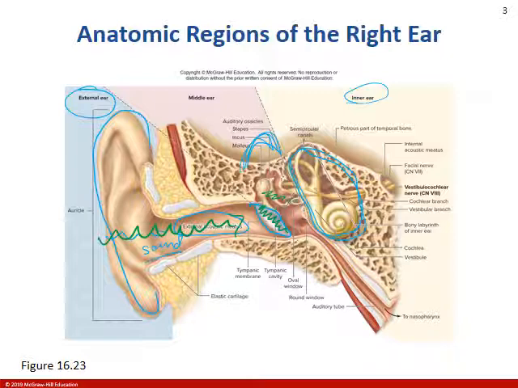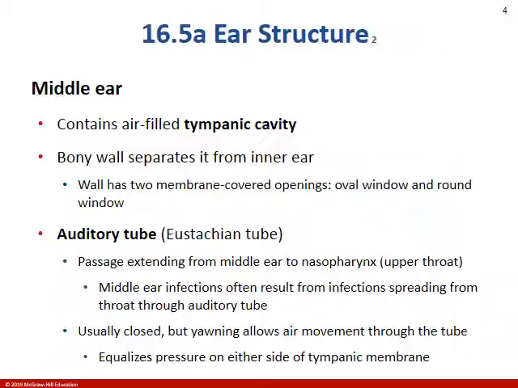Then these bones are going to move, and they're going to push on these structures, and there's fluid in the vestibule, the semicircular canals, and in the cochlea. That fluid moving is what's actually going to generate the action potential that travels on the vestibular cochlear nerve. And you can see part of the nerve is attached to the vestibule, and part of the nerve is attached to the cochlea, and then it merges to form the vestibular cochlear nerve.